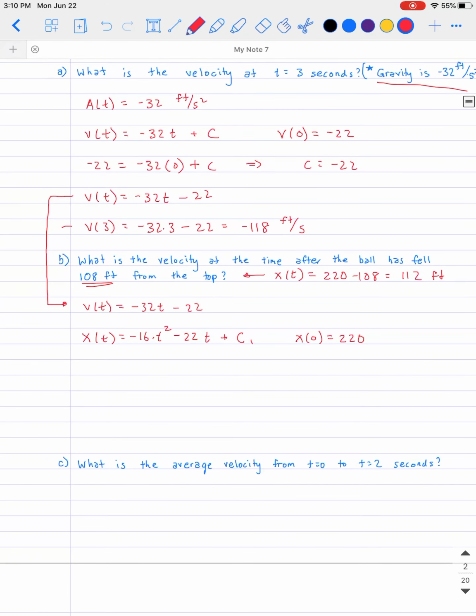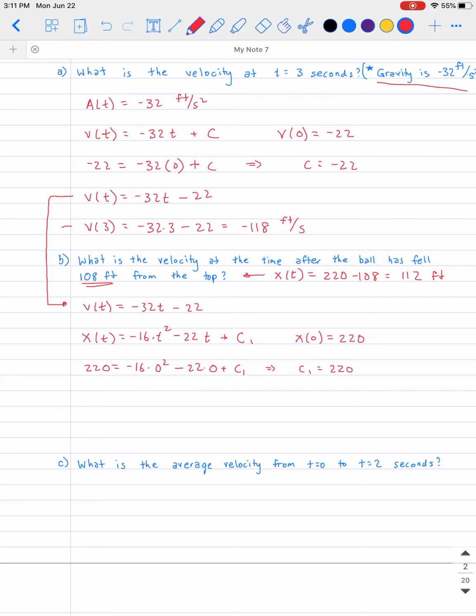When t is equal to 0, 220 is equal to x of 0. So we can plug that in. We get 220 is equal to negative 16 times 0 squared minus 22 times 0 plus C1. All of those terms with zeros cancel out, so C1 is equal to 220.